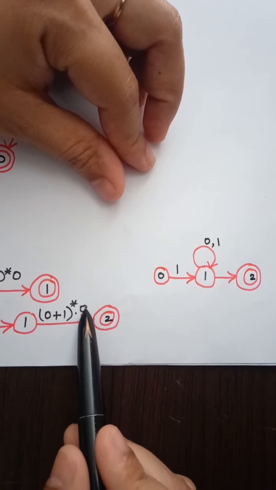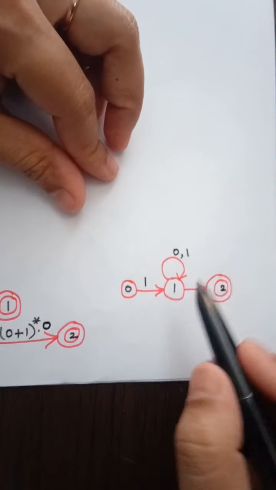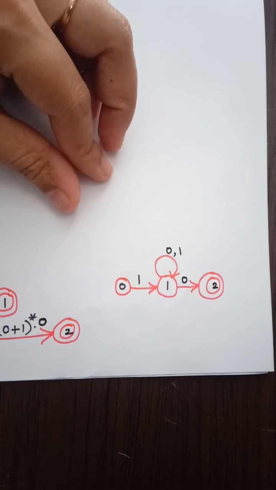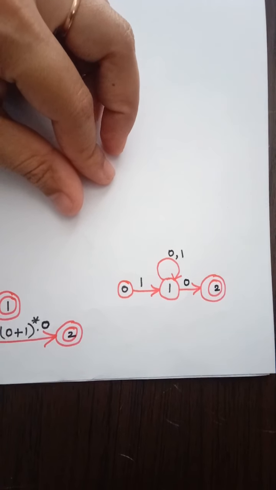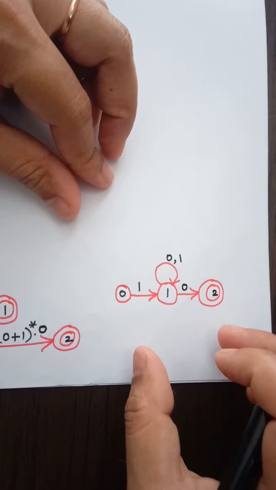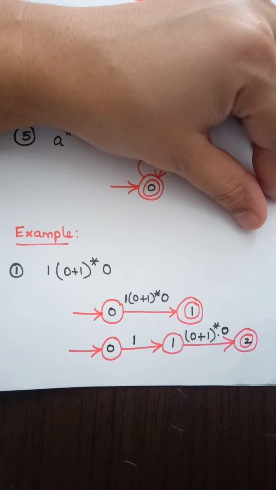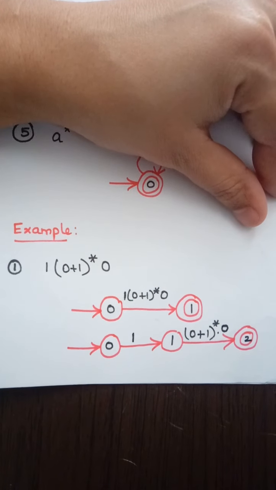The next input we have is 0, so from 1 to 2 the input symbol is 0. So this is your final NFA without epsilon move for this input. Now I'll take one more example and try to solve it.